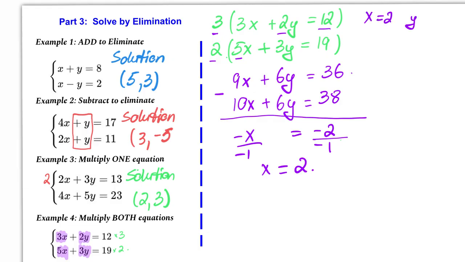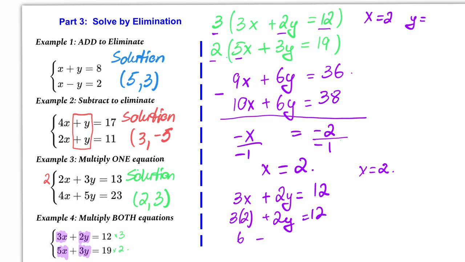Let's go ahead and find our y by substituting x. I can substitute it in any of the equations. I'm going to try the first one. You make this decision on your own, which one to choose, and both will be exactly the same. So we said that x equals 2, and that means instead of x, we write 2. So that means 3 times 2 plus 2y equals 12.